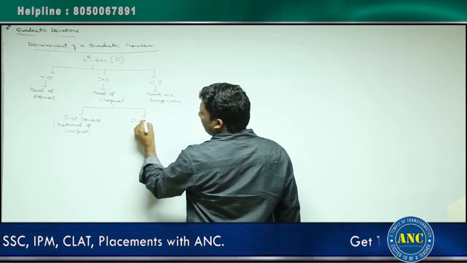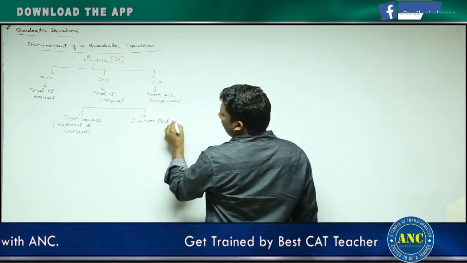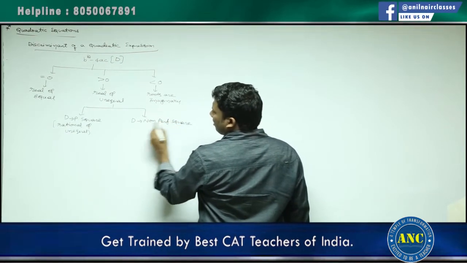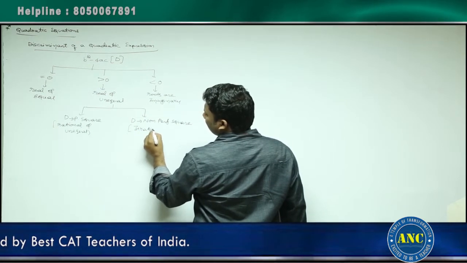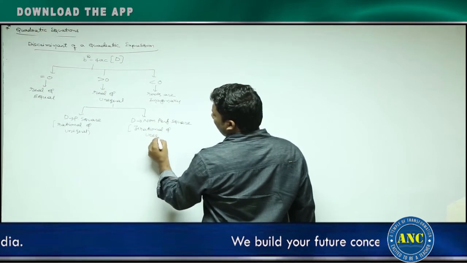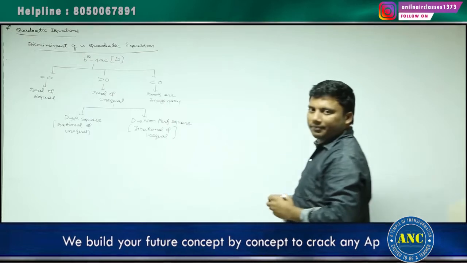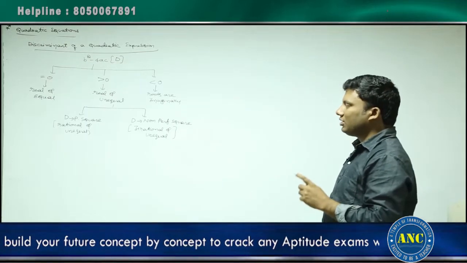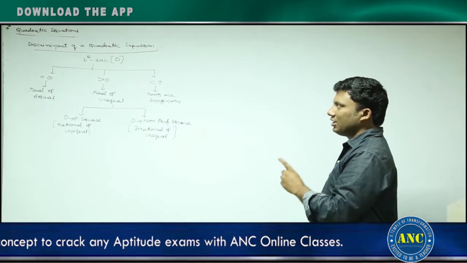If the discriminant is not a perfect square, if D is a non-perfect square, the roots will become irrational and unequal. B square minus 4ac can be equal to 0, greater than 0, or less than 0.